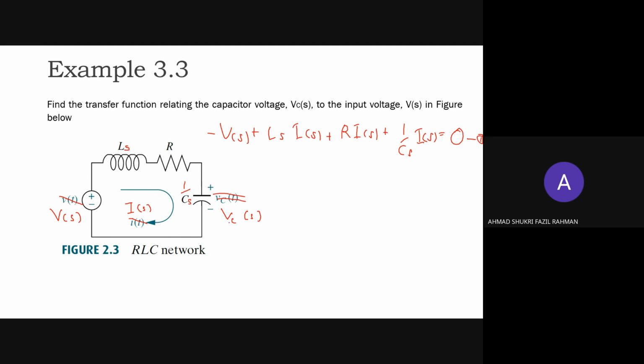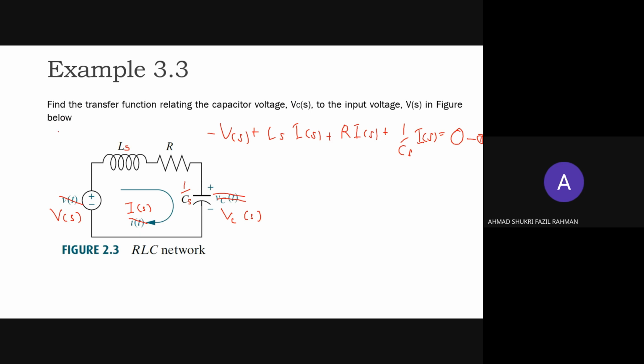and then we need to find the mathematical equation with respect to VC. Okay, because we want to find the ratio between output here to input VC. So we find here. So from here, VC is actually 1 multiplied by CS.